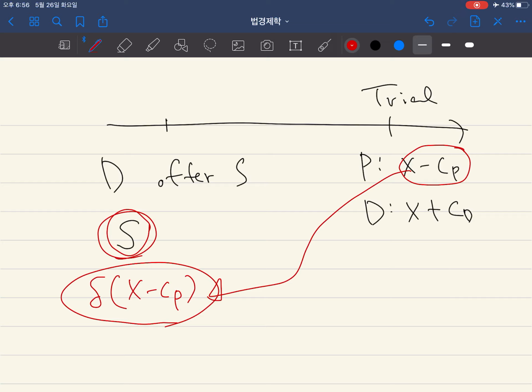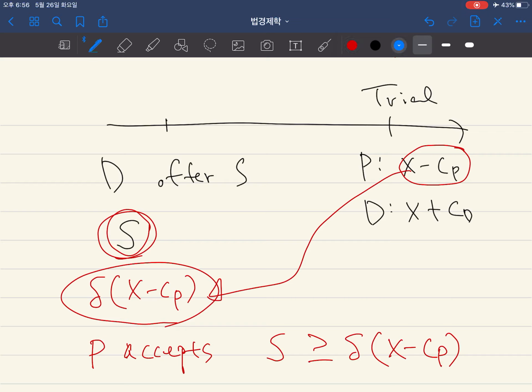So plaintiff can now directly compare these two. Therefore, plaintiff is gonna accept this offer as long as S is bigger than or equal to the present value of trial payoff.